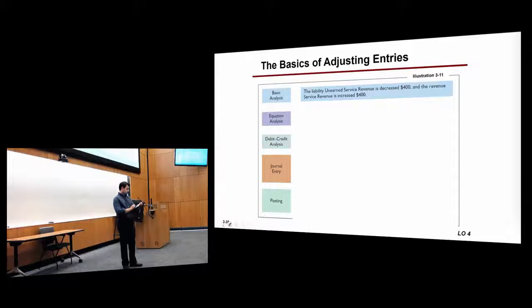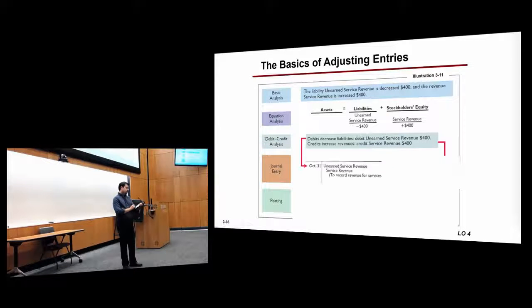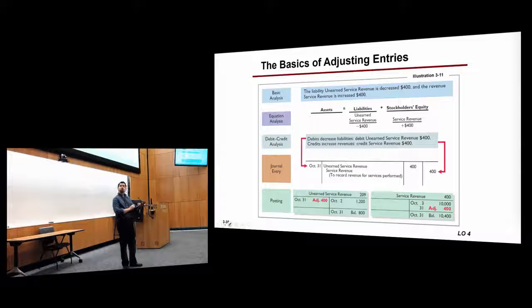Any questions? So this is the same thing that we just said. And then you post them, of course, you always post them. As you can see, you always write "adjustment" here so that it reminds you that that was not a regular entry, that was an adjusting entry, to distinguish between this one and a totally new transaction.